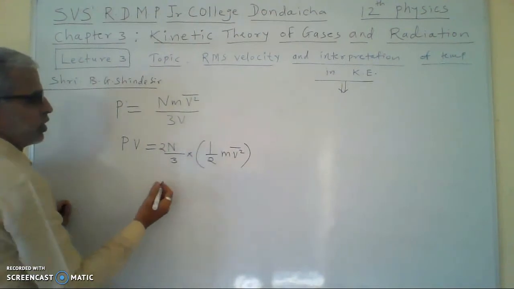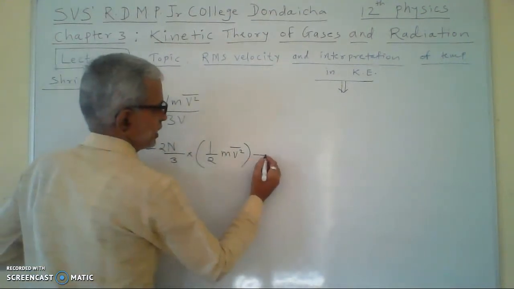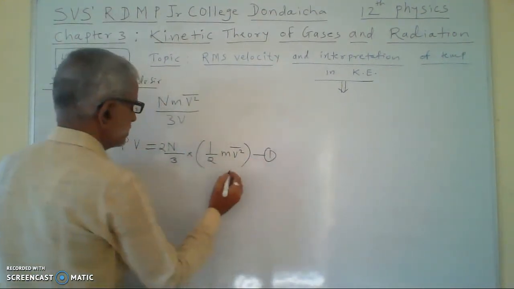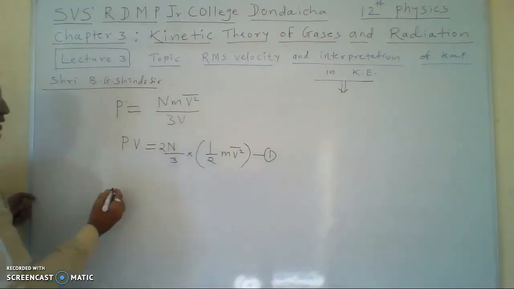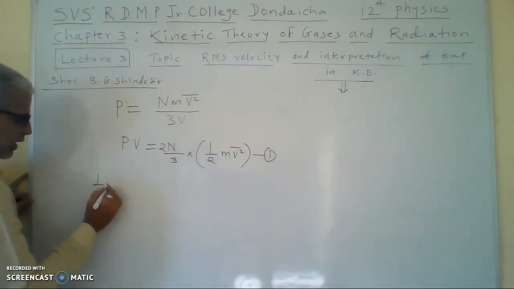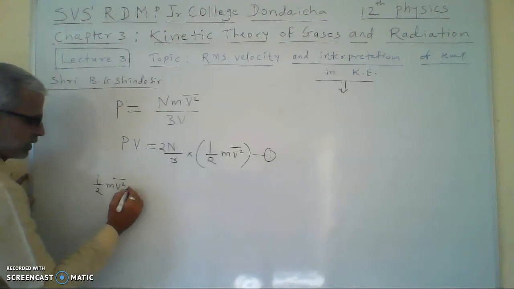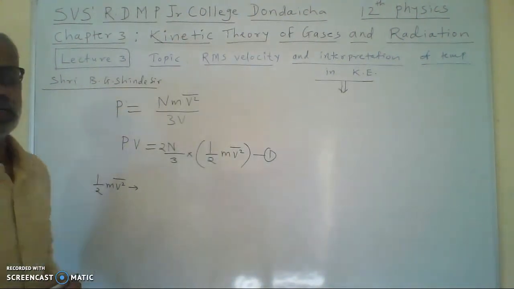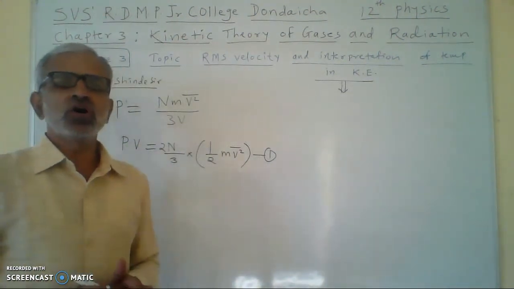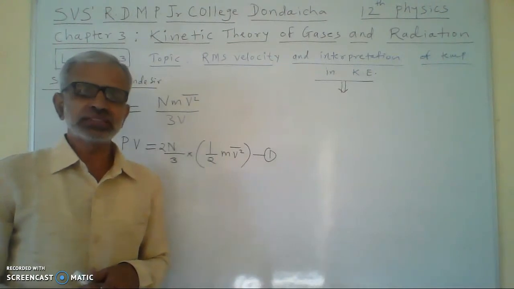So now in this equation 1 or in this formula, this 1/2 m v square bar is the average kinetic energy of a molecule of the gas.